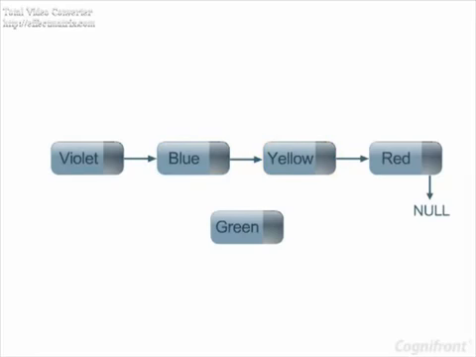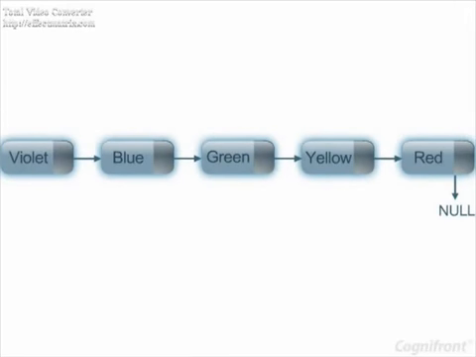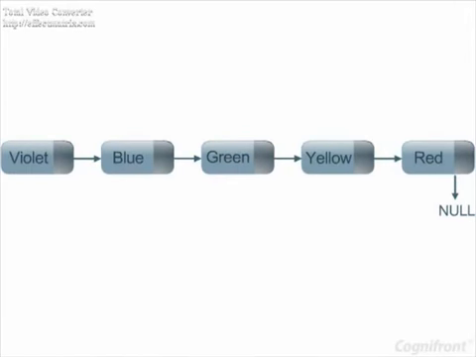Then we have to remove link between blue and yellow color and assign it to green color. Easy, right? So, in this type of data structure, insertion and deletion operations are easier as compared to array. This type of data structure is called as linked list.